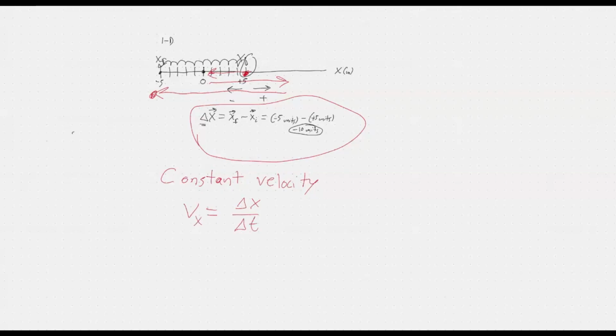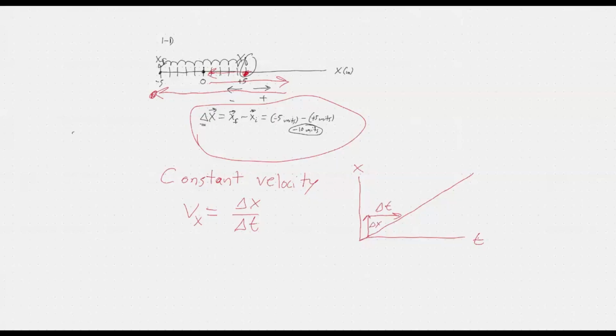Well, in this case, I can see that graphically, what velocity is, is the slope of a position versus time graph, right? Where that would be delta x, that would be delta t.